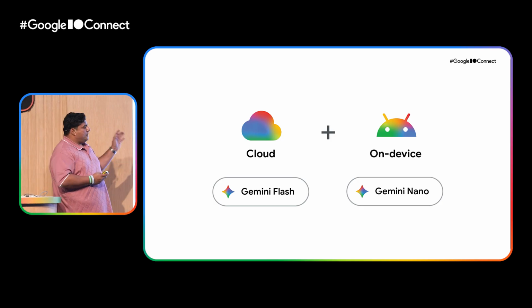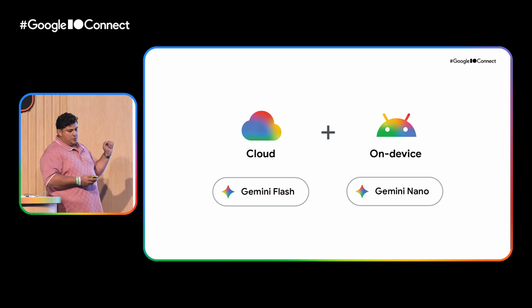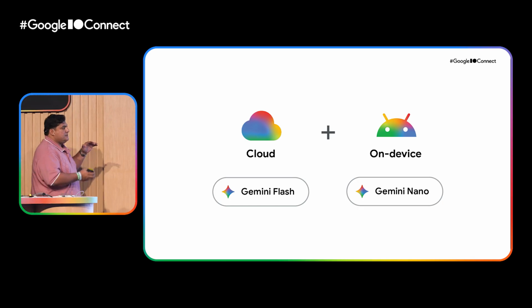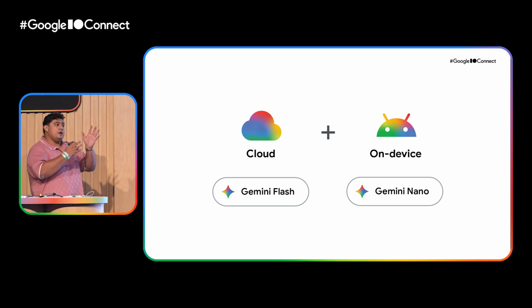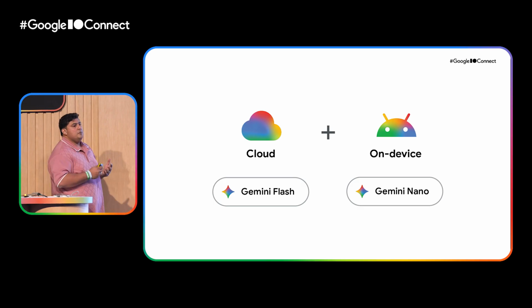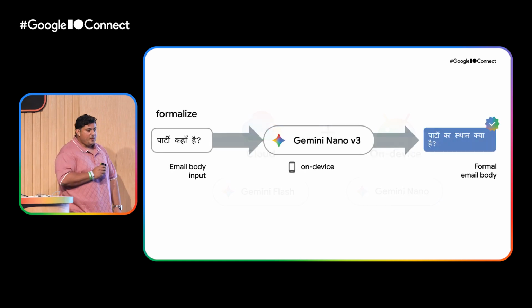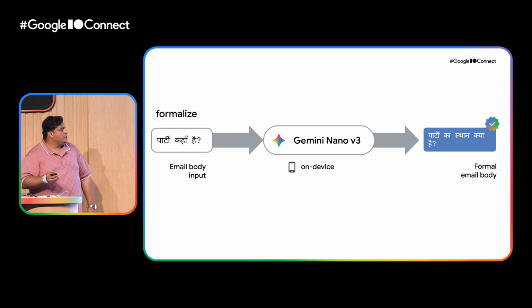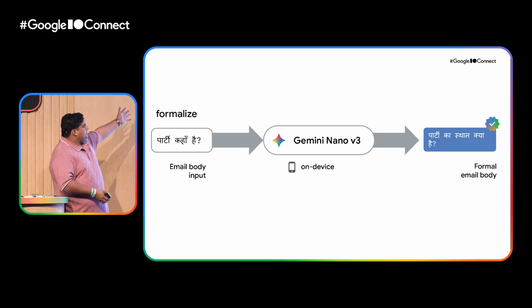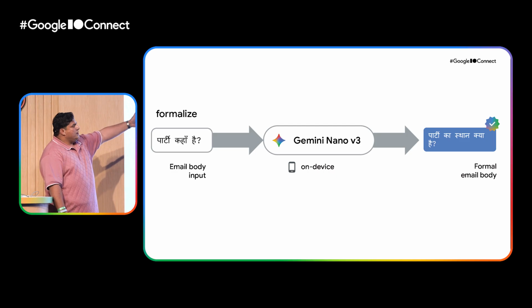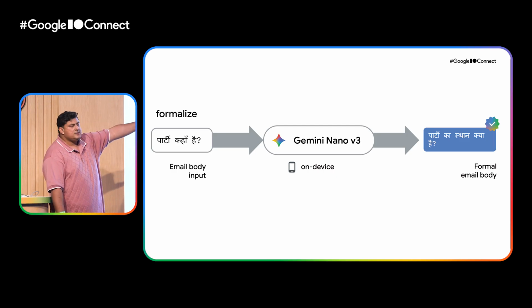If Gemini Nano is available, we would prefer that to be used whenever possible. And otherwise, when Nano is not capable, you want to shift to the Flash model. But what does capability really mean here? And that's the real question for the app developer. Well, if you ask Gemini Nano with Hindi text like this, which is "party kahan", and ask it to formalize this on device, it is actually giving a pretty decent response.